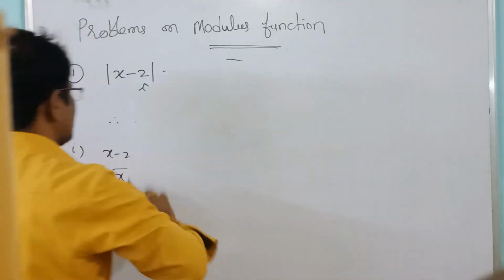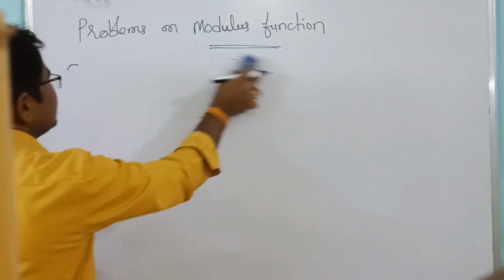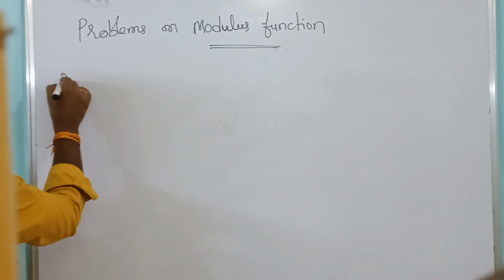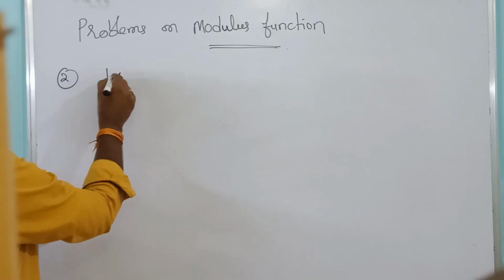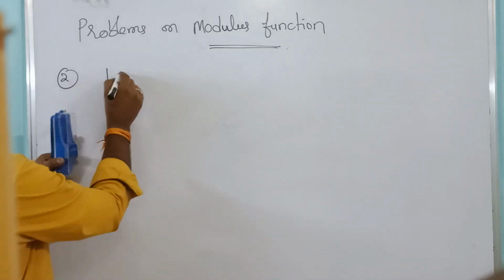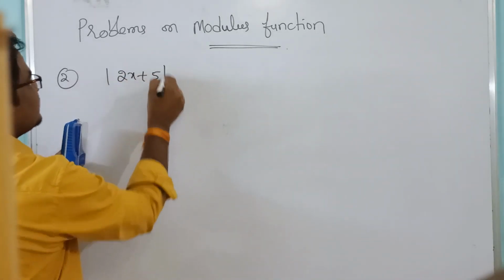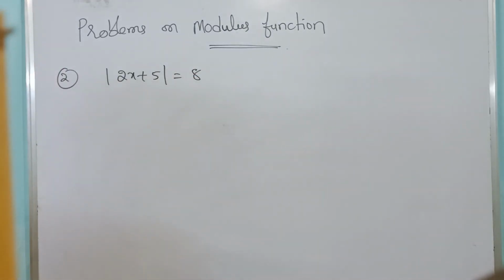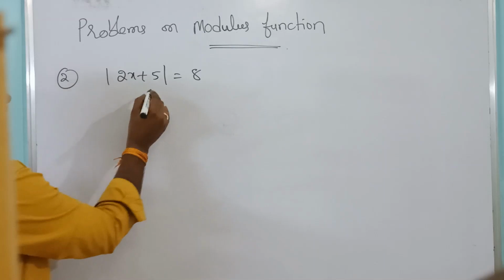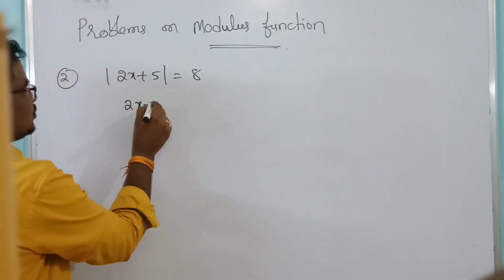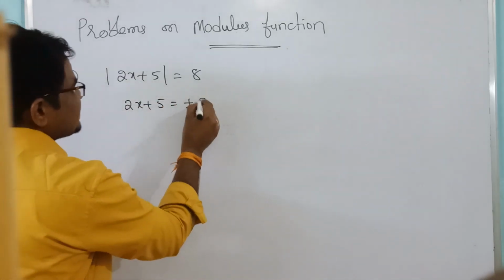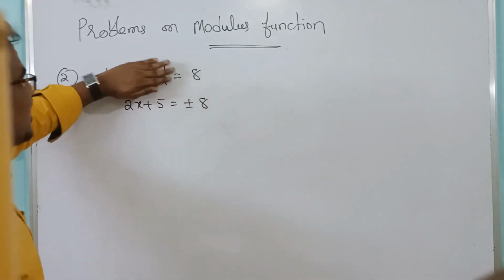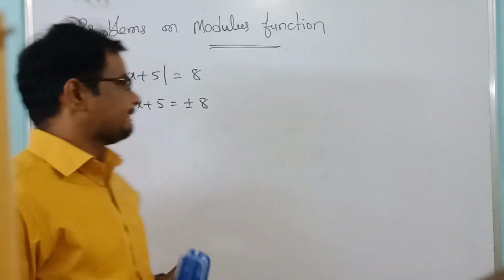Next, take one more problem like this: modulus of 2x plus 5 equals 8. Here also you can write 2x plus 5 equals plus or minus 8, because it is in the form of mod x equal to a.